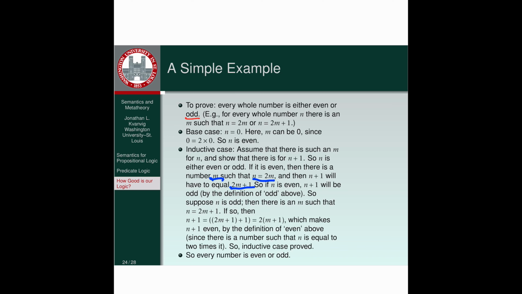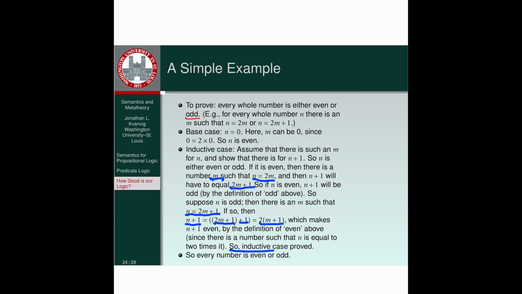So suppose n is odd. Then there's an m, this is our explicit definition again. Then there's an m such that n equals 2m plus 1. If so, n plus 1 will be the odd number plus 1, and that's 2 times m plus 1, which makes n plus 1 even by the definition of even above, since there's a number such that n is equal to 2 times it.